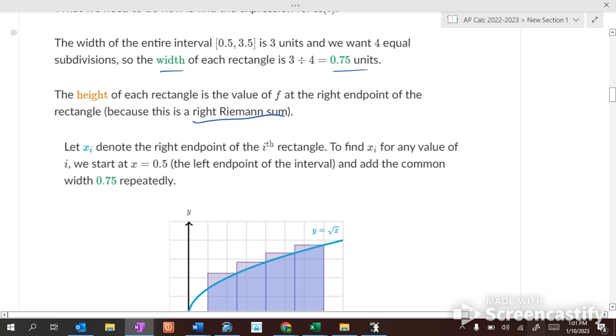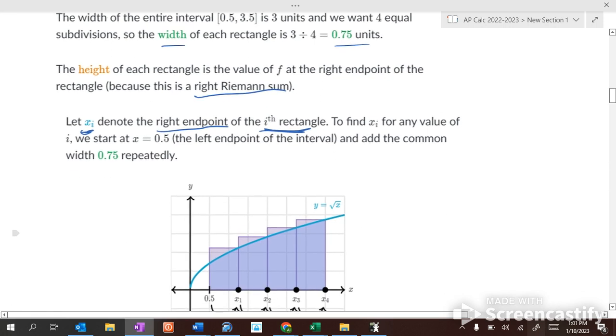So we need to have xi be the right endpoint of the ith rectangle. What's the ith rectangle? Well, it could be the first, the second, the third, the fourth, it could be the 144th. The ith rectangle is whichever rectangle we're coming to.